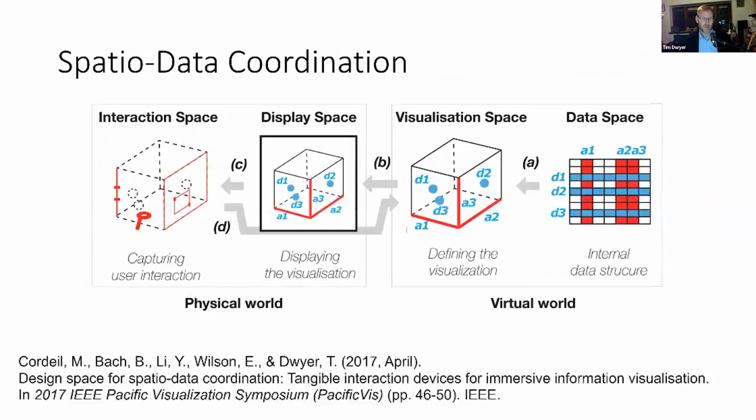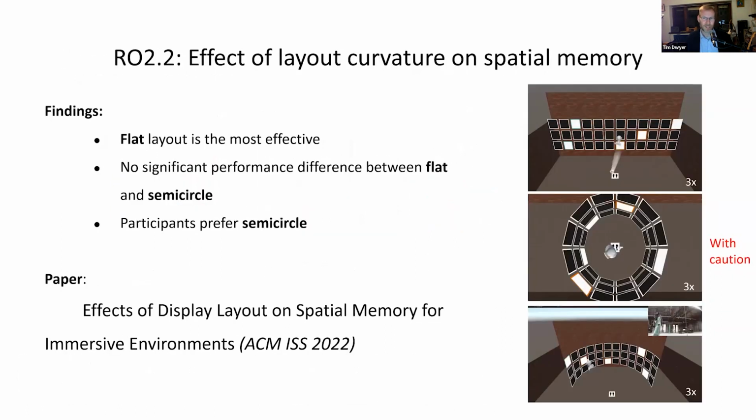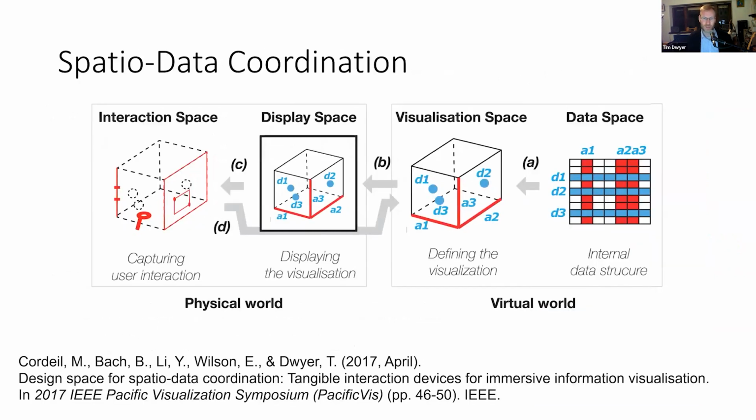The other thing I wanted to talk about, so that's kind of talking about some cognitive foundations of immersive analytics, and there's still loads and loads of research questions, loads of work to be done about exploring this design space of immersive visualization, and there's lots of people doing that around the world, not just us, and it's quite exciting.